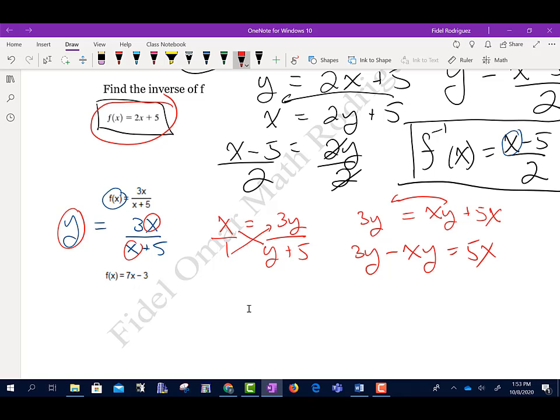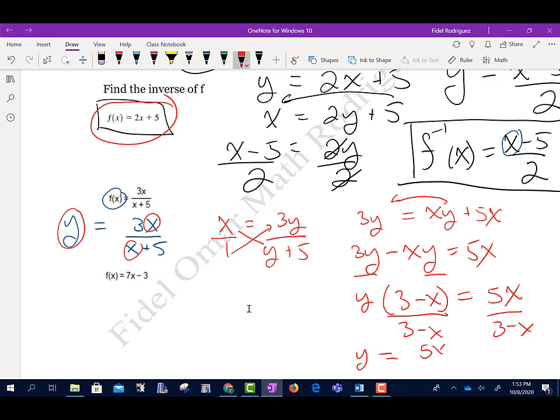If you notice from here, I can factor out the letter y, and I'm left with 3 minus x is equal to 5x. To solve for y, I can divide by 3 minus x, and so we get y equals 5x over (3 minus x).